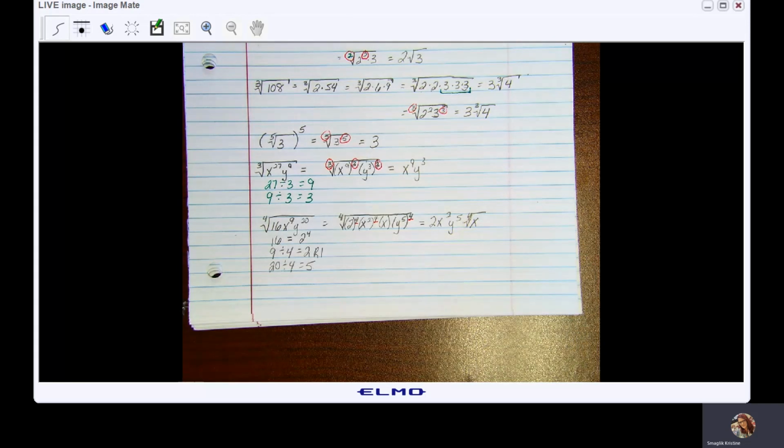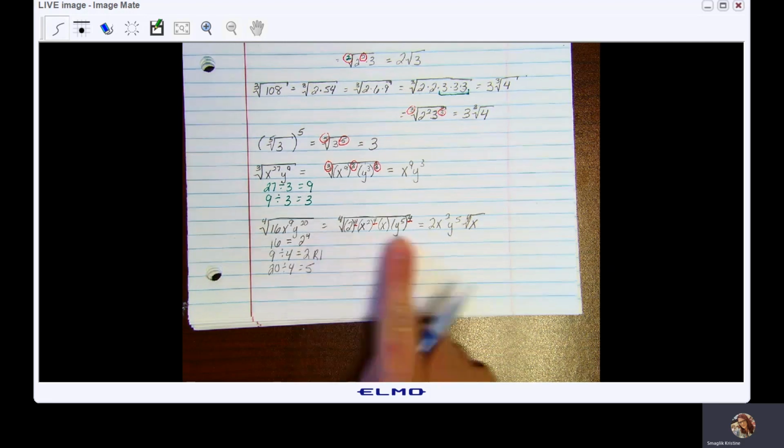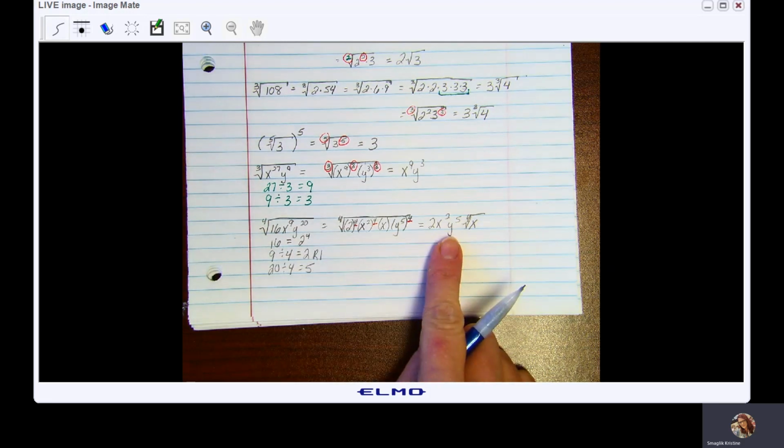Now I have to be careful here, and you got to remember too that you are simplifying. We are not solving, so rules are a little different. If you have an even root, and we're just simplifying, we're taking the principal root, all of your answers would be positive. But now in my answer, I have a y to the 5th.